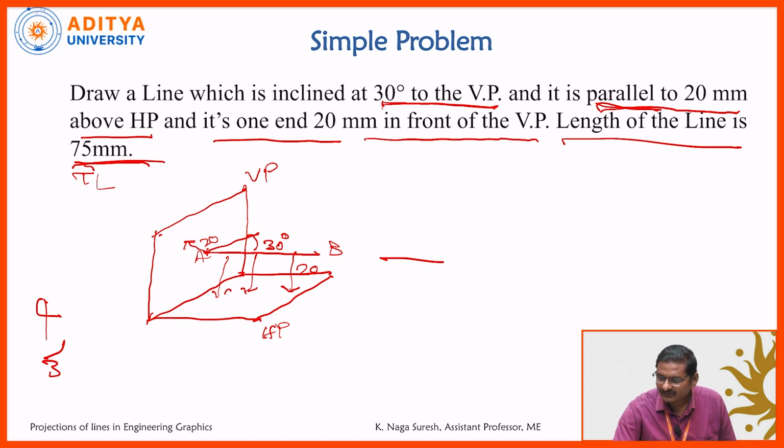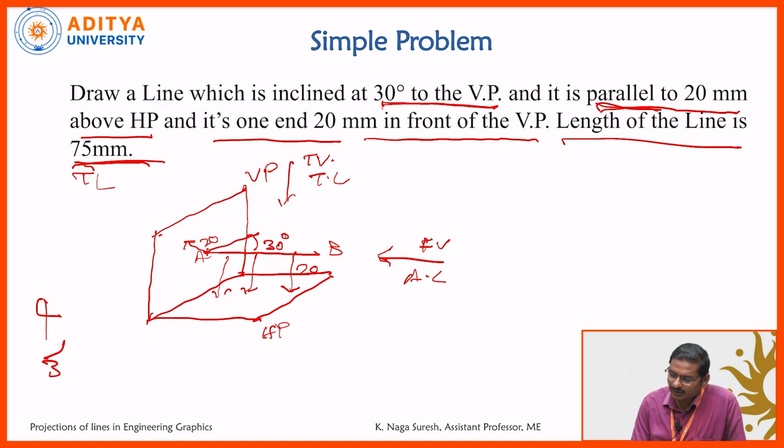When you observe the front view, the apparent length appears. In the top view the true length appears; the entire true length is visible in the top view. In the front view there is some compression, that means the length of the line appears decreased. So in the front view the apparent length is visible, and in the top view the true length is visible.